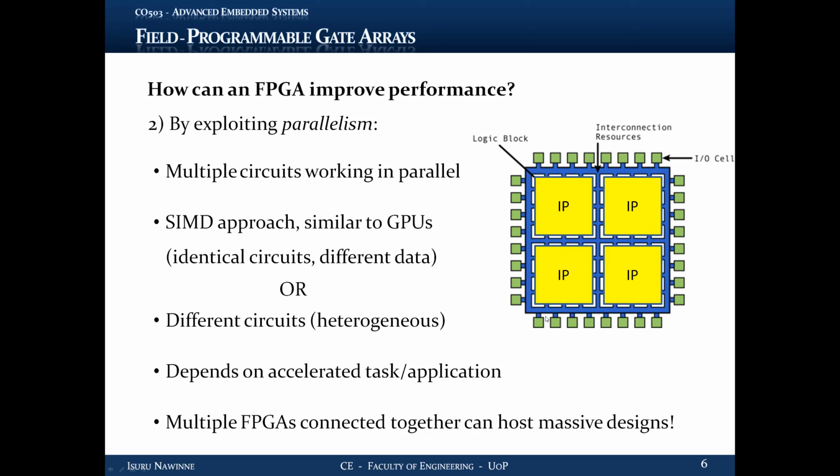You can take a number of large FPGA devices, connect them together, and get them to host a massive design. This allows you to host a lot of circuits in parallel on FPGA logic hardware. That is the second way that FPGAs are used to improve performance.